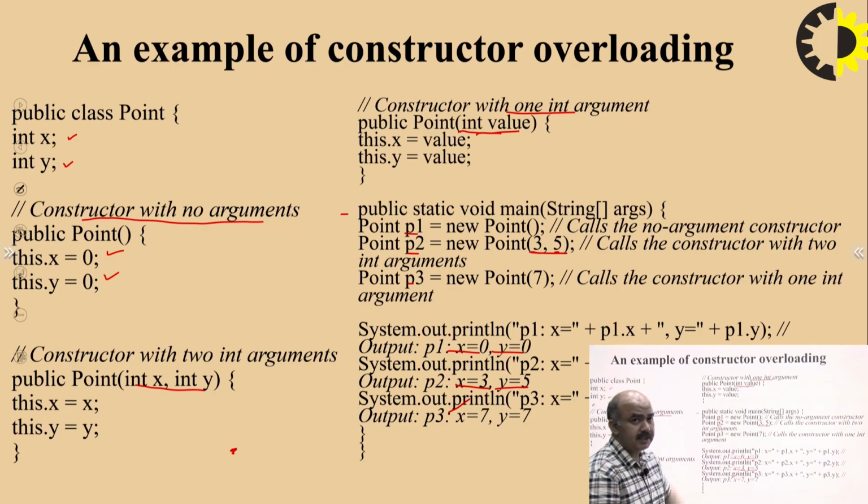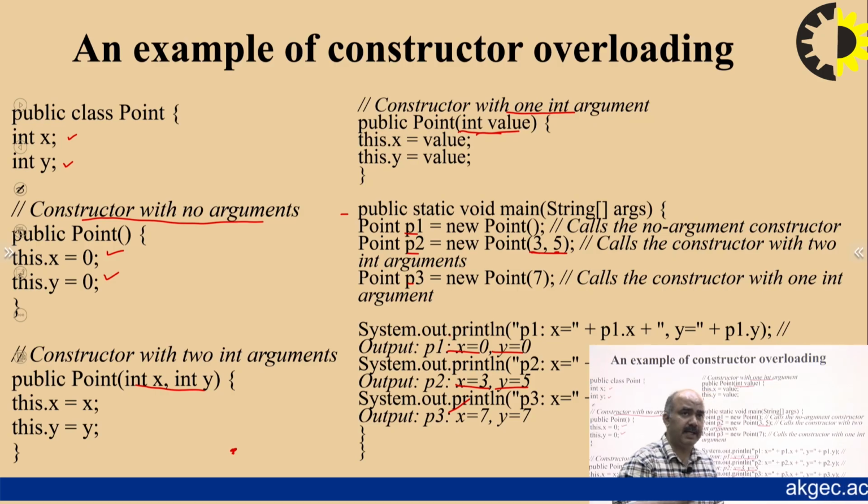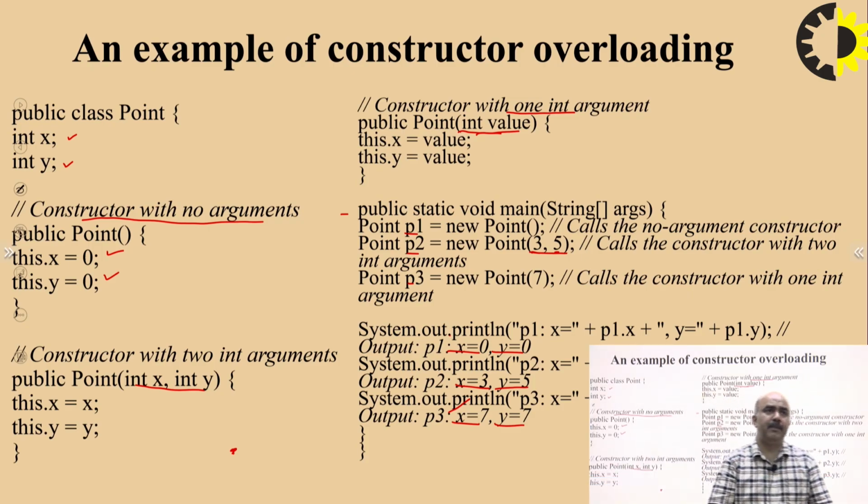In the third constructor, we have taken a single integer type parameter, which we define as 7. So with respect to x and y, the values printed are: x value is 7 and y value is 7. So this is the example of constructor overloading.